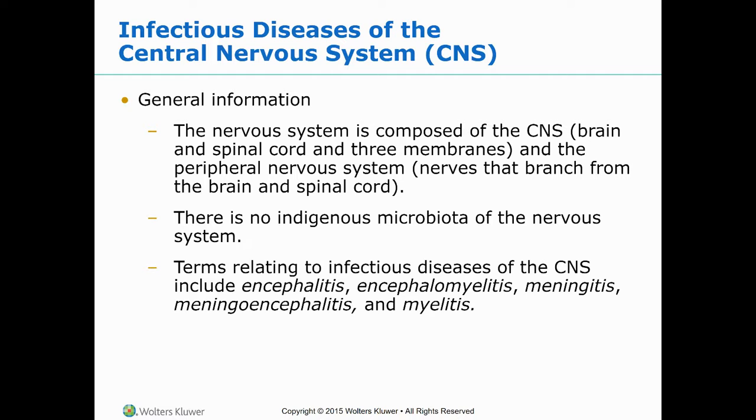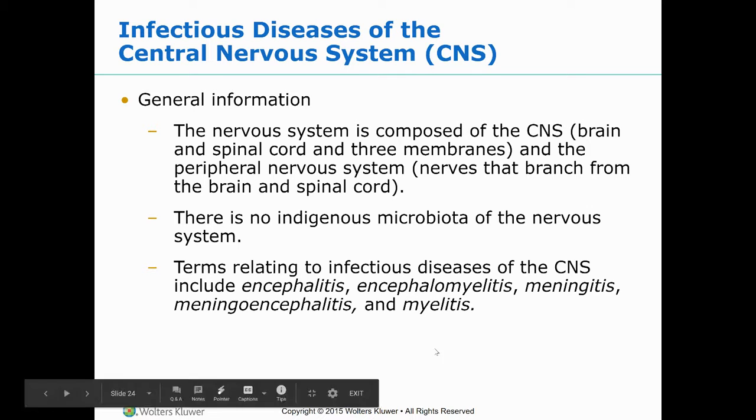So when it comes to the central nervous system, this is really bad if you get it, because there's no microbiota, no normal flora that protects your central nervous system, so it can really be affected by whatever microbe is able to get into it. The most common one that you may have heard of is meningitis, okay?